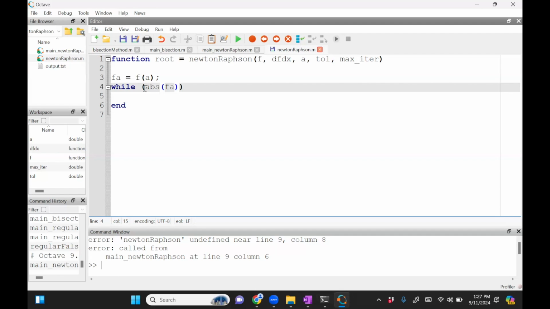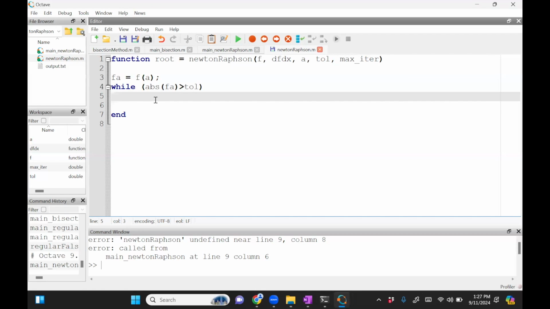So if abs f of a is 4, which is greater than 1e negative 3, then the loop will run. The moment that condition is violated, which means that if abs f of a is 1e negative 6, which is smaller than tol, it'll get out of that loop. So that's the right condition.